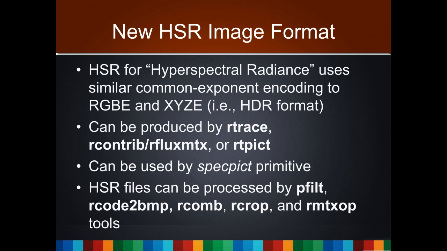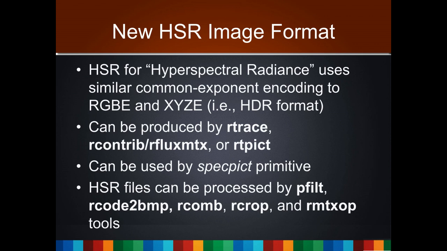So this new HSR format can be produced by rtrace. If you do the -FC specification, which would normally produce RGBE, you can get this HSR format out of rtrace. Also, rcontrib, rfluxmtx, or rtpict will produce this.